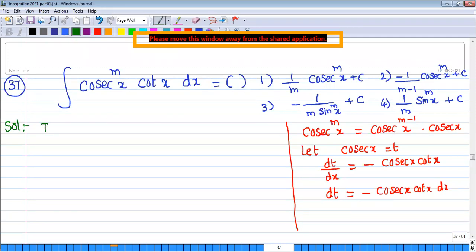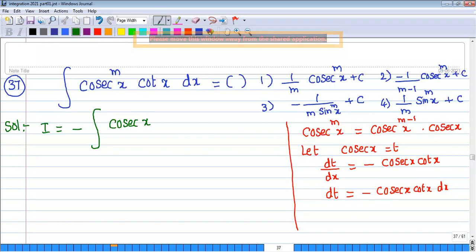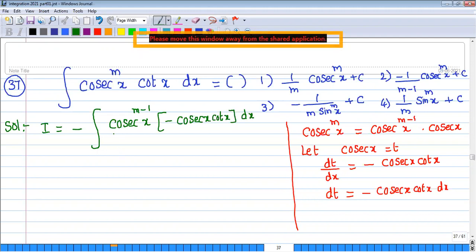So let us rearrange this question now. I equals minus integral of cosecant x to the power of m minus 1 into minus cosecant x cot x dx. So in the place of cosecant x, write t.